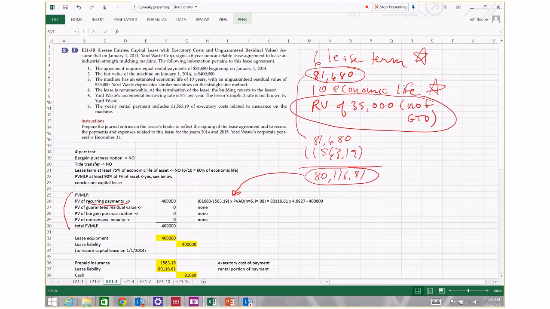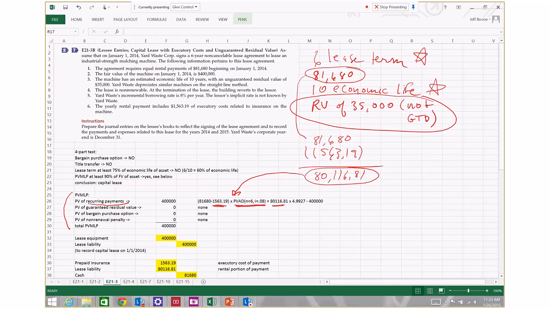So again, we take the full payment amount of $81,680 and subtract from it the portion of the payment that's considered executory cost. The net is $80,116.81, and we multiply that by the present value of an annuity due factor, where n is equal to 6 and the interest rate is equal to 8%. Again, annuity due because the first payment occurs on the day in which we enter into the lease term.